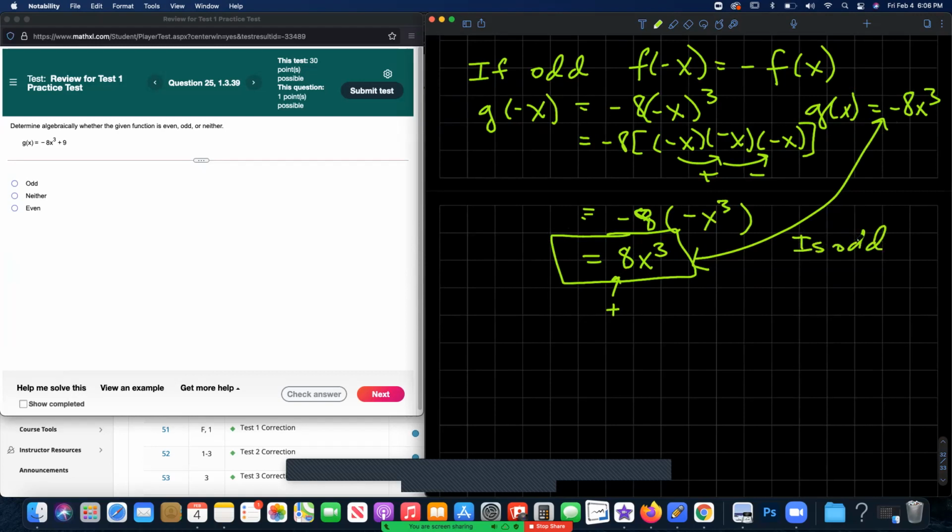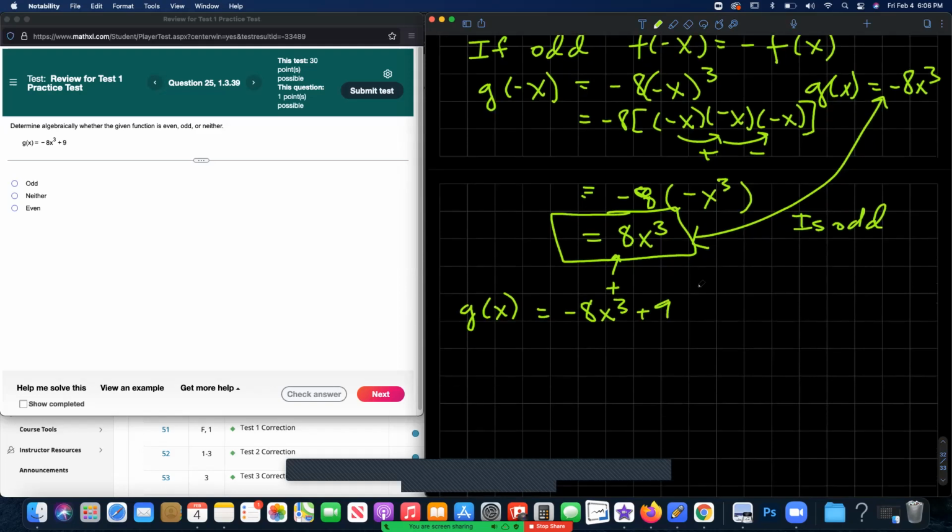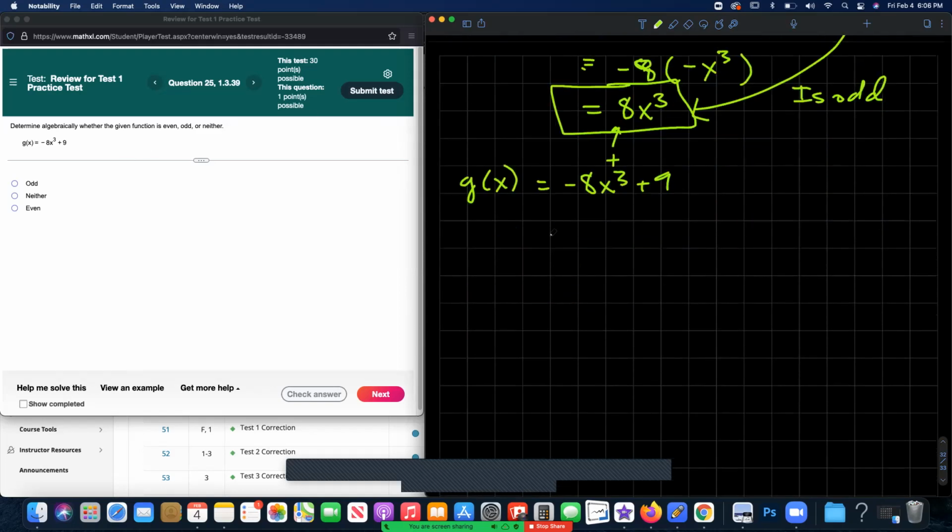Now let's see what happens when I add 9 to it, like the problem we have. If I instead said g of x equals negative 8x cubed plus 9, now I'm going to plug negative x in. So g of negative x is negative 8, negative x cubed plus 9.